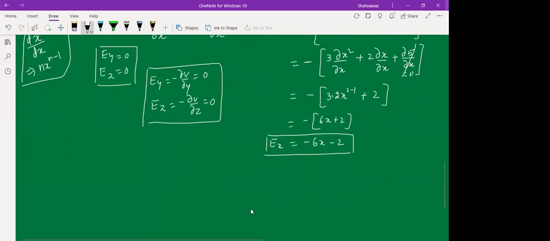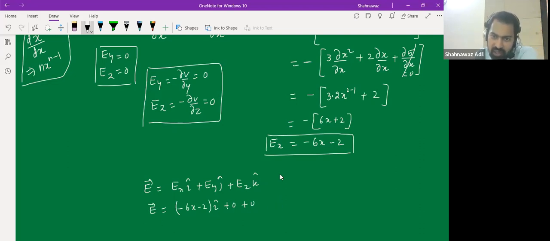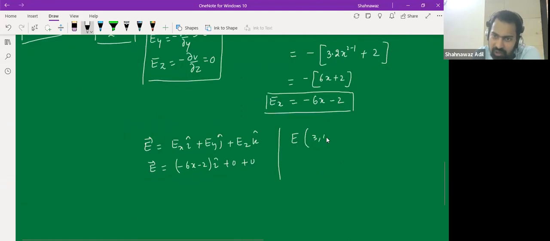So then your electric field, this would be Ex i plus Ey j plus Ez k. So Ex is minus 6x minus 2 i hat and then 0 and then 0. So this is your E. And we want to calculate the electric field at, this one question was, electric field at (3,0,0).